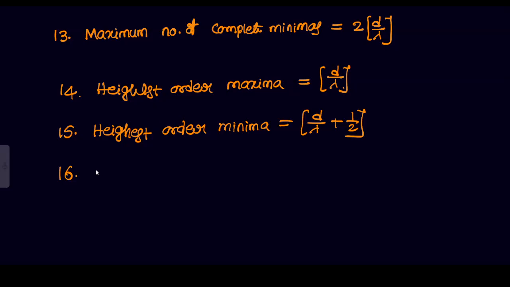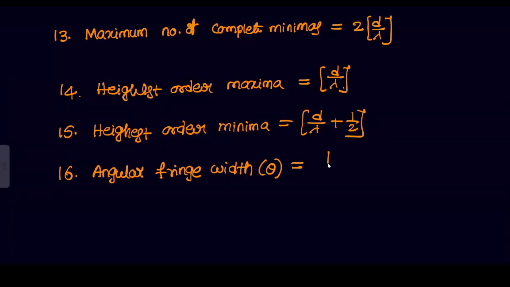Next, angular fringe width. Angular fringe width, denoted as theta, is given as beta by D. Beta by D is the angular fringe width.